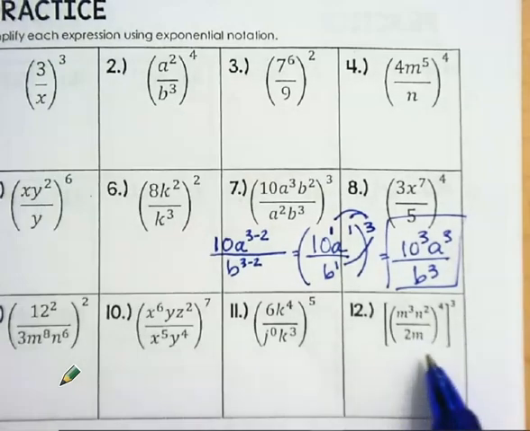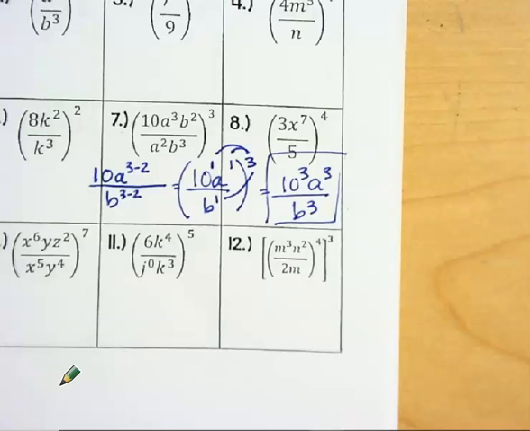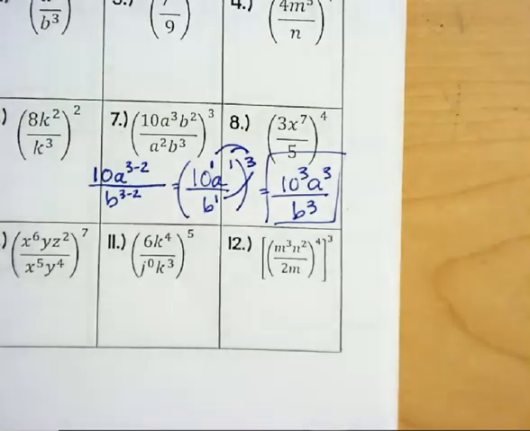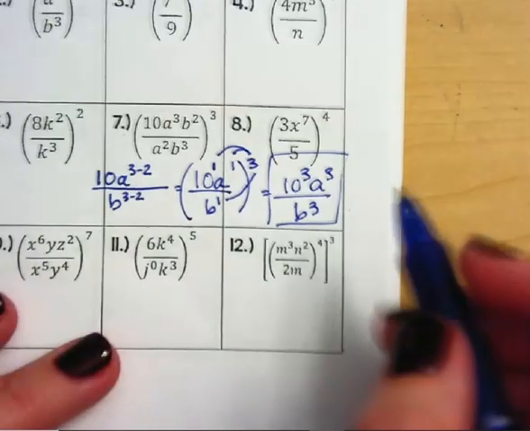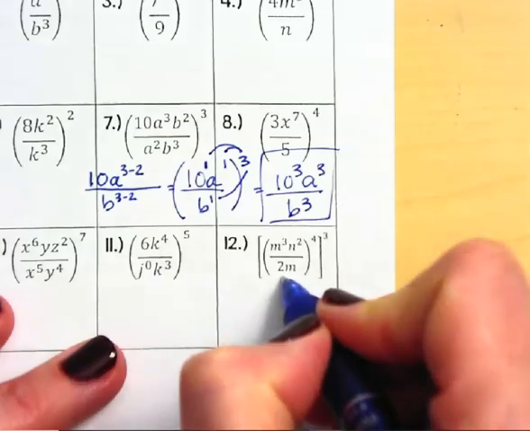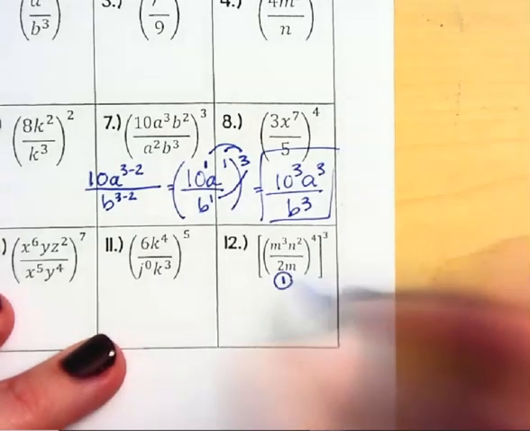And then on number 12, I'm not going to work it for you, but I do have a suggested order of how I would like to do it. I would like to start by simplifying inside the parentheses first.